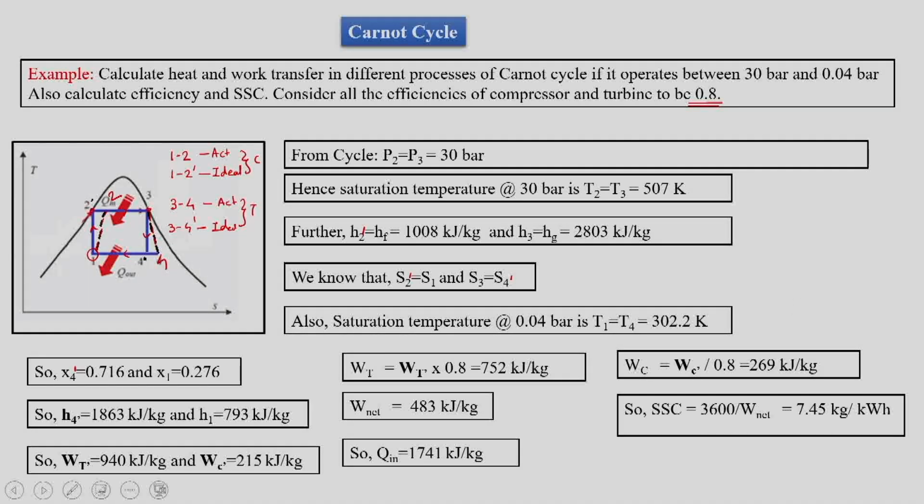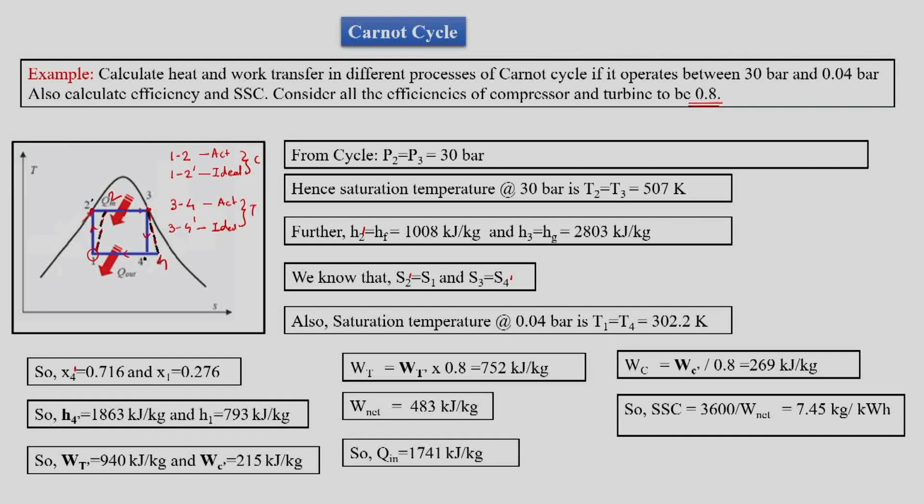Knowing this, we can know the specific steam consumption, and the specific steam consumption is 7.45 kg per kilowatt hour. So this is how we can solve the example which would be given to us for the conditions where we do not have ideal components. Thus we have found out all the necessary parameters.